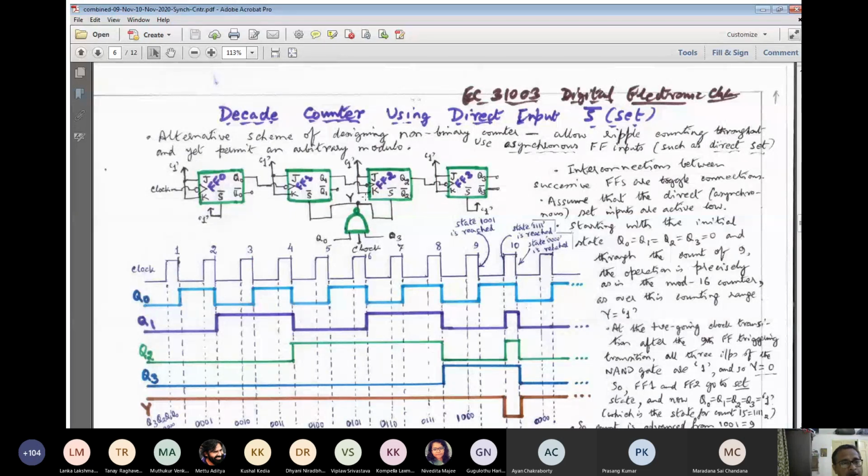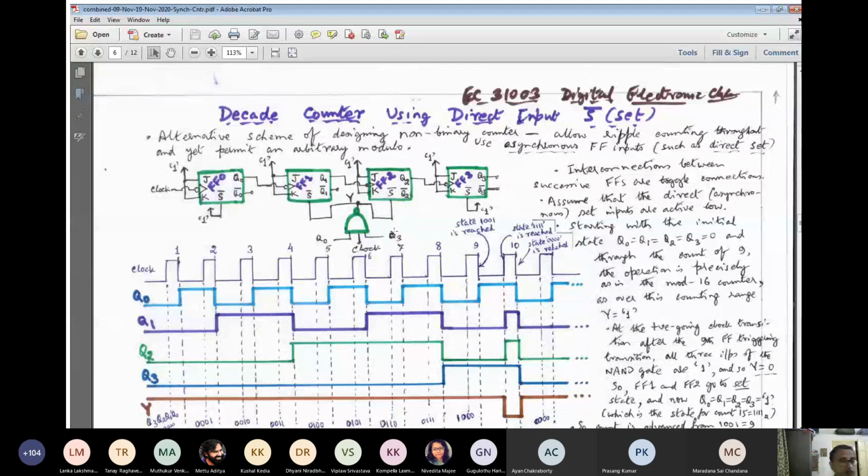We have so far seen that if it is a non-binary counter, that means the modulus is not a power of 2, then also we can do it, provided that we have a specified state sequence, and based on that we can design by using JK flip-flops. So that is also possible.